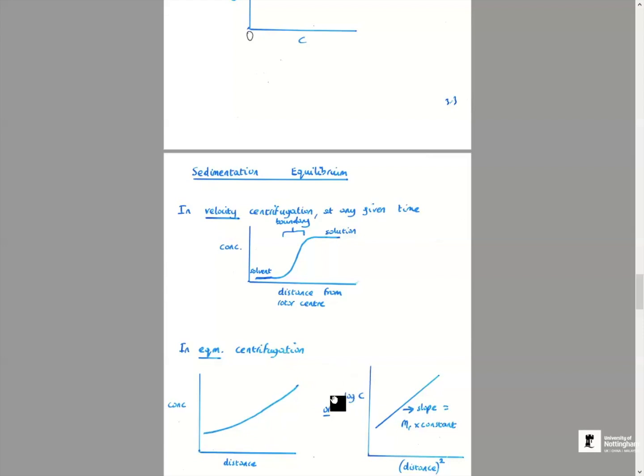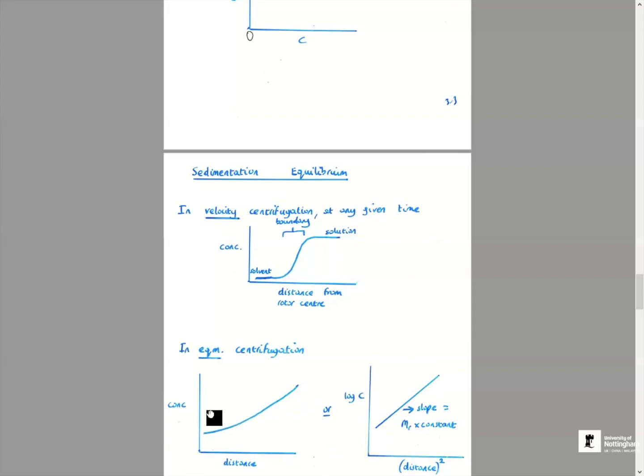It doesn't change. It has a low concentration at the meniscus, building up to a high concentration at the bottom of the cell. Your computer on your centrifuge will detect this, and when it realizes it's not changing anymore, it's come to equilibrium. It'll tell you that, and then you can stop the run and analyze the data.